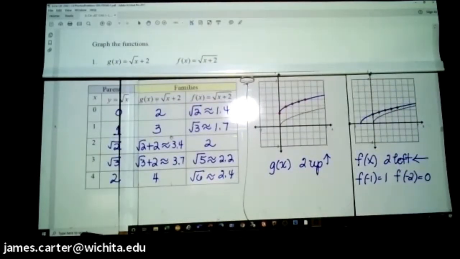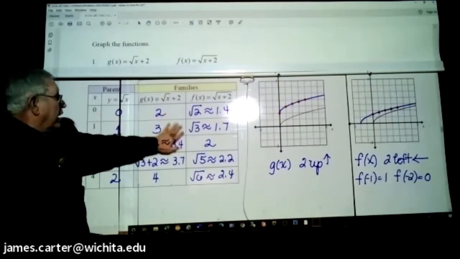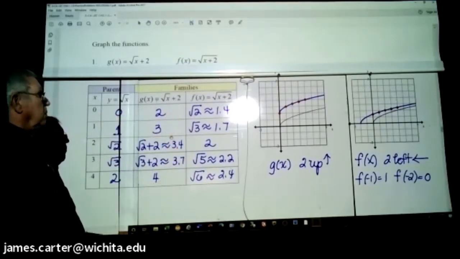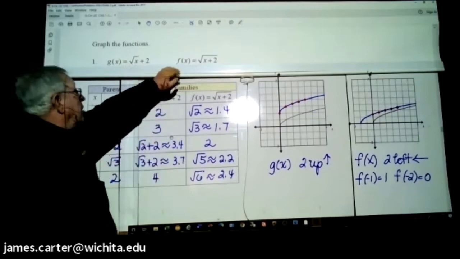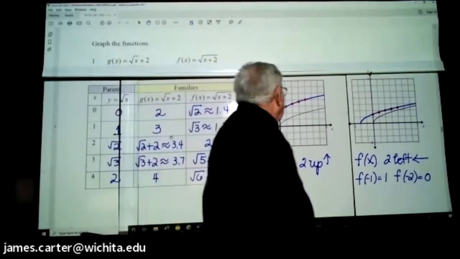Here's an example of this. Now, very frankly, I don't care whether you do these point plots or not. Here are the points for this one, here are the points for that one.